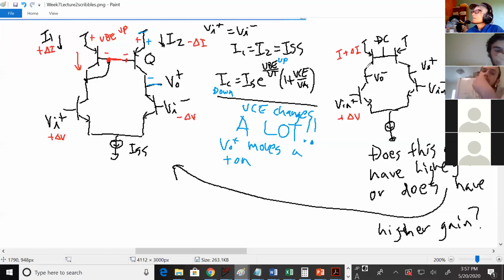So what does it do? This side turned up its voltage. That means it turns up its current here. VCE goes up.